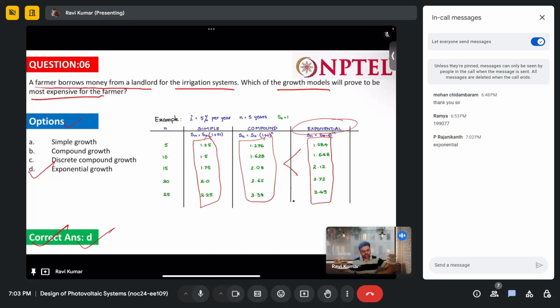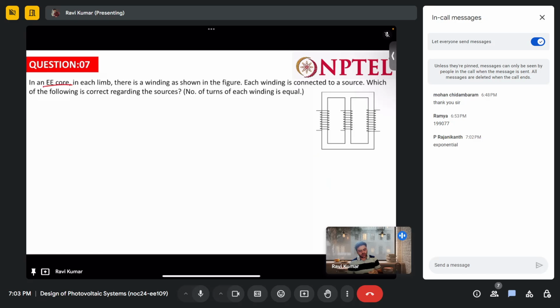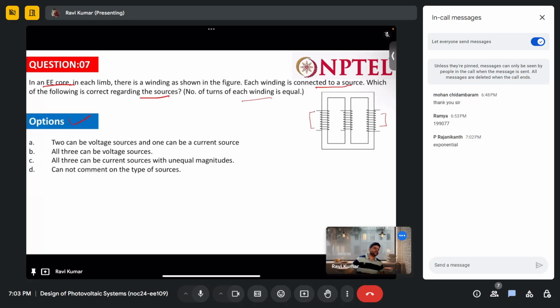Let's move to the next question. In an E core, as shown here, there is a winding as shown in the figure. Each winding is connected to a source. Which of the following is correct regarding the source? Number of turns of each winding is equal. And these are the options. If you have gone through the lectures, you can answer this easily.